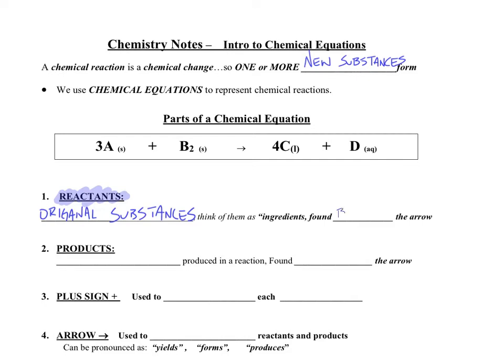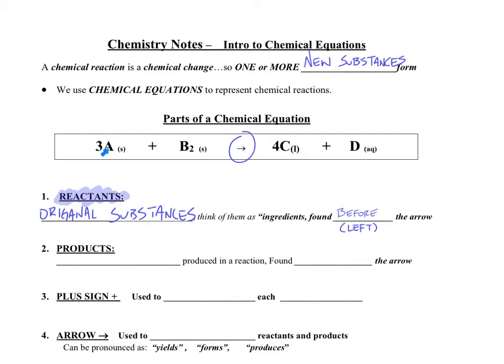You'll notice in the chemical equation listed above, there's an arrow, and we're going to refer to the left side of the arrow and the right side of the arrow. So when I say before, I'm really referring to the left of the arrow. The reactants are the original substances.